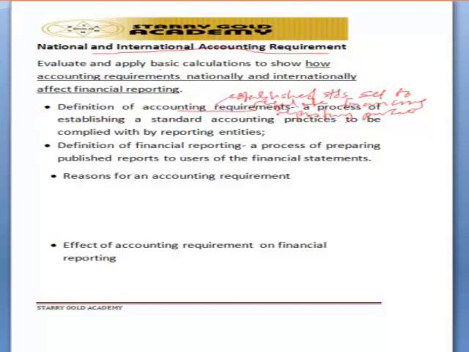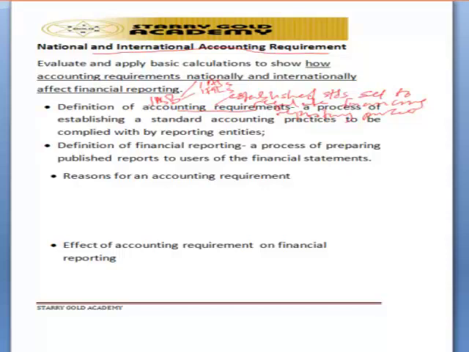These accounting requirements, like we learned from our introduction, we have what we call a standard, the IASB set the standards. We have what we call IASs and IFRS. I'm going to be talking about these two sets of global standards because Nigeria as an economy has adopted IFRS, which became effective on 1st January 2012 for all quoted companies in Nigeria.